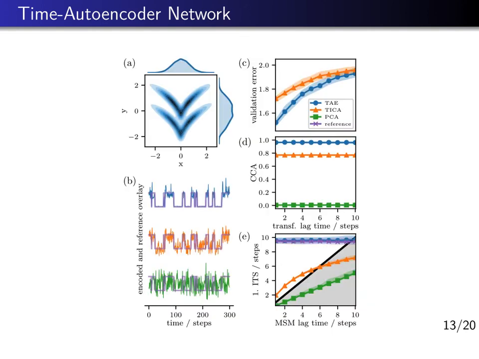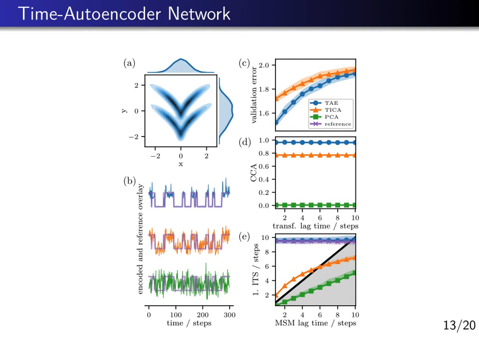So let's look at an example of applying the time-autoencoder framework to data. So again, we have a slow process that switches between two states, and in each of the states we will output from a given distribution. And in contrast to the distributions shown before, where we compared TICA and PCA, these distributions have this V shape, so they are not linearly separable.